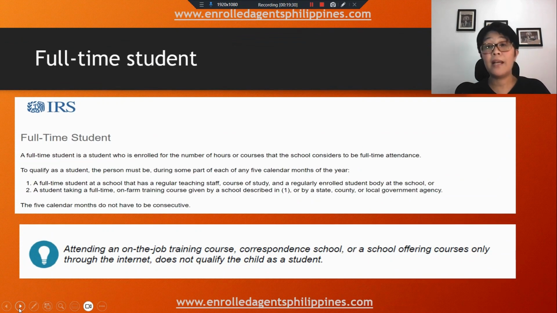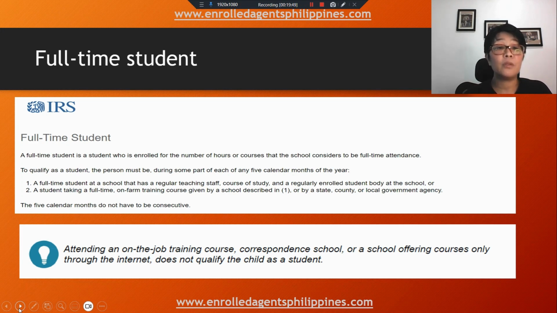Okay. Ito naman guys, definition ng full-time student. Ito nasa IRS. So, tingnan nyo na lang. Para at least mas malinaw. According to IRS, a full-time student is a student who is enrolled for the number of hours or courses that the school considers to be full-time attendance.